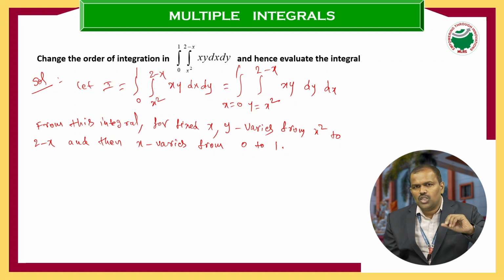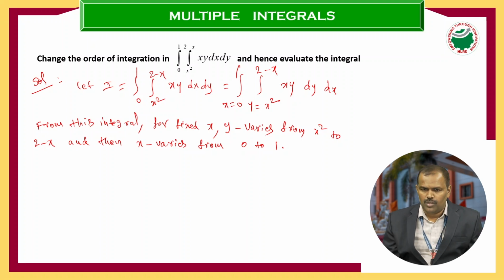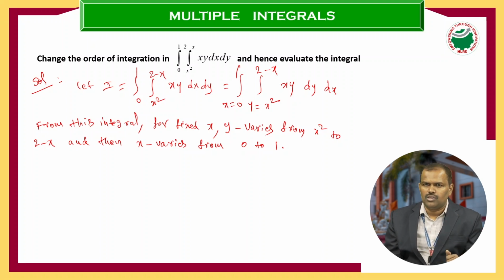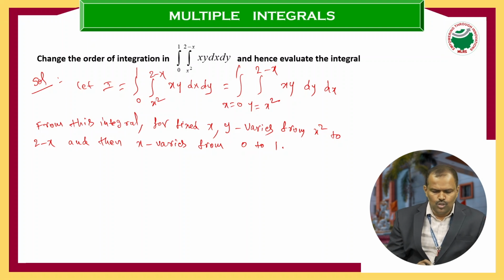Now we need to change the order and then evaluate. Not direct evaluation. We can do direct evaluation, but here it is particularly mentioned to change the order of integration. So in this video I am explaining what happens when we change the order. Now it's very clear what the region of integration is.